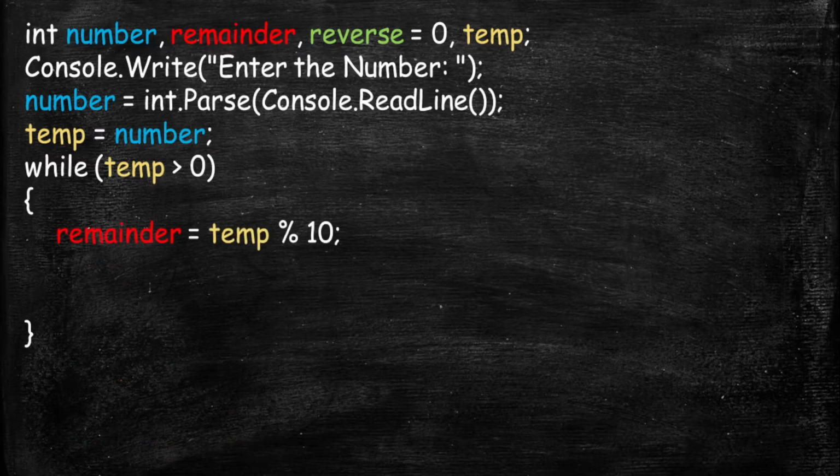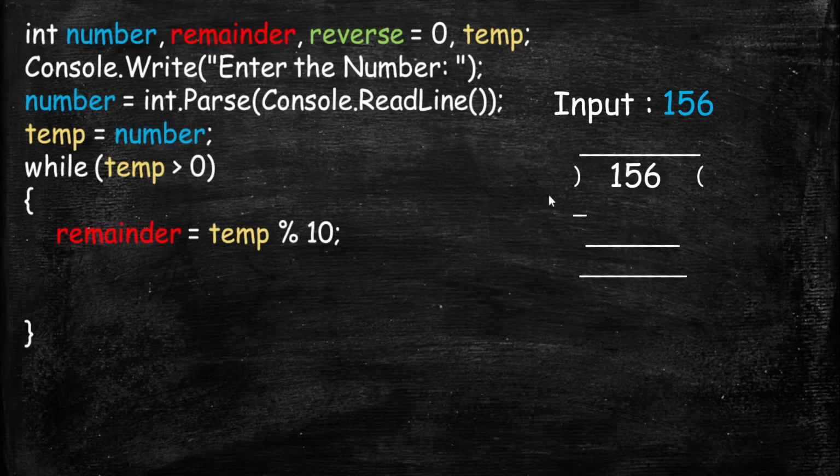Next we have remainder is equal to temp % 10. So this remainder is what we get when we divide temp by the number 10. For example, if a user enters the number 156 and we divide 156 by 10, 10 multiplied by 15 is 150, and then when we subtract it, we get 6.